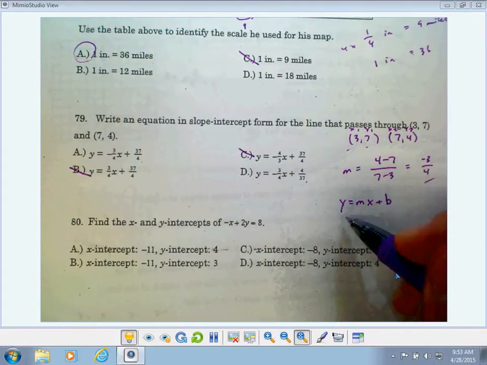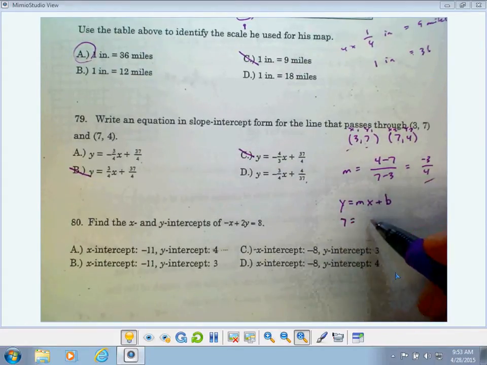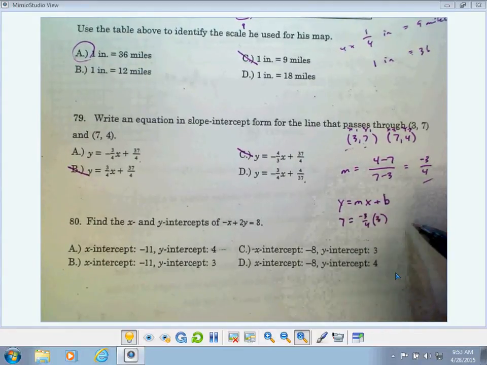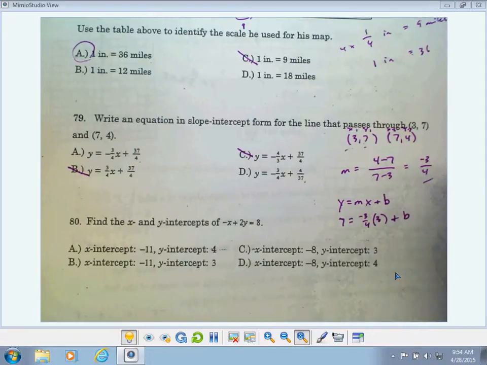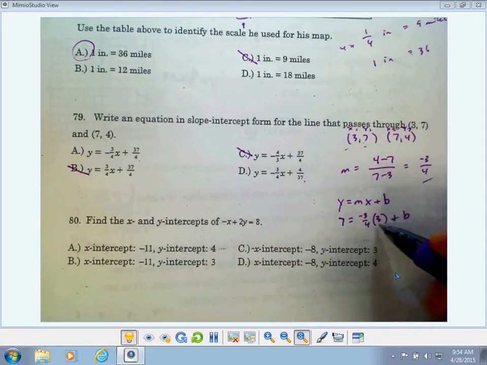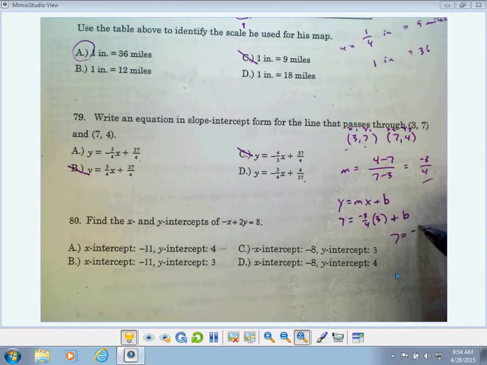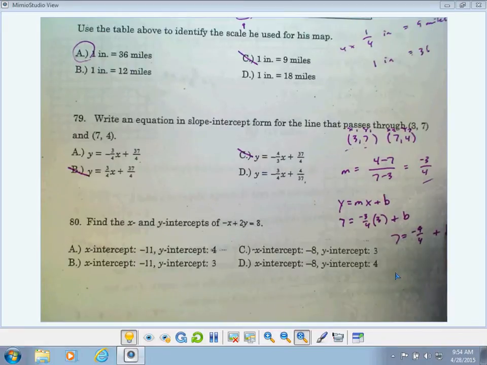So y would be 7. The slope is -3 over 4. And x is 3 plus b, whatever it is. So I look at this as now -9 over 4, so I got 7 equals -9 over 4 plus b.